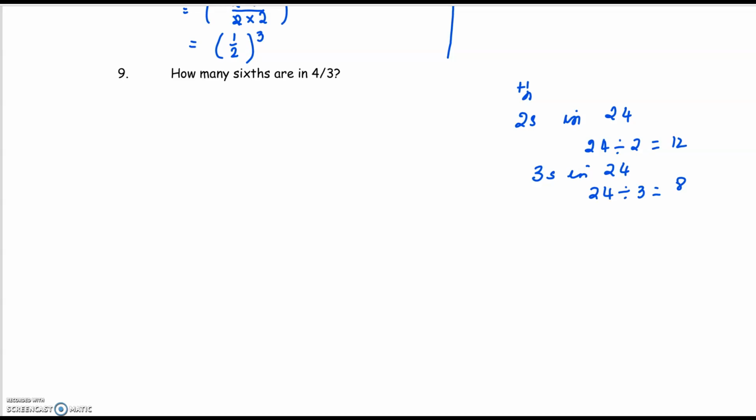So how many sixths in 4/3? Which means 4/3 is divided into sixths. So what we're doing is a problem in division of fractions. So we have 4/3 times 6 over 1. What do we do next?